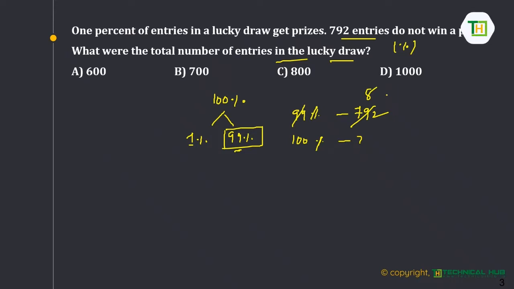So 100 into 8 is equal to 800. The total number of entries in the lucky draw is 800. Out of 800, just 8 get prizes because 1% of 800 is 8 only.